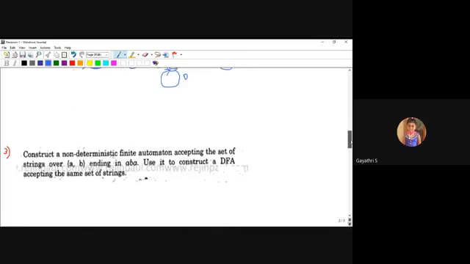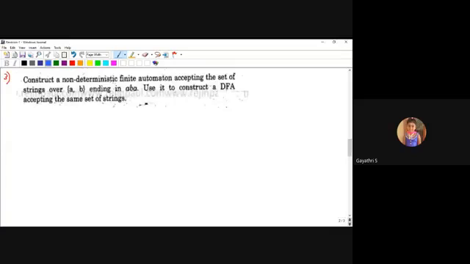Next, construct a non-deterministic finite automata, which is your NFA, accepting the set of strings. Actually, this is a 13 mark question.